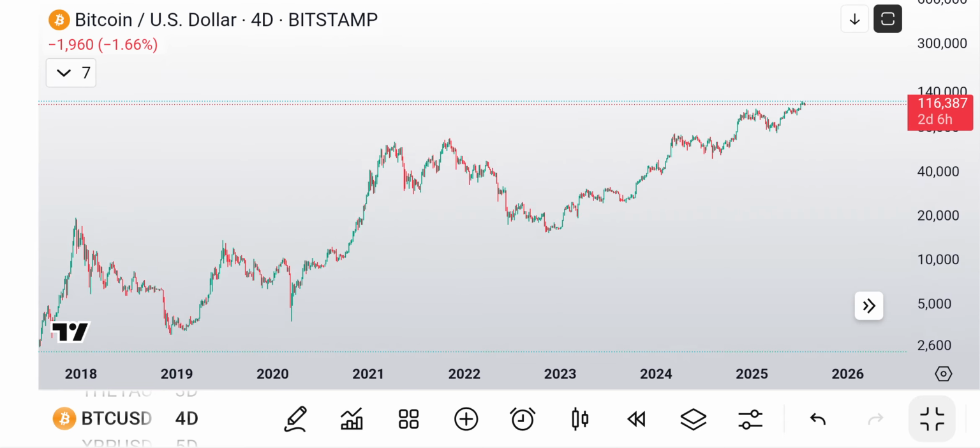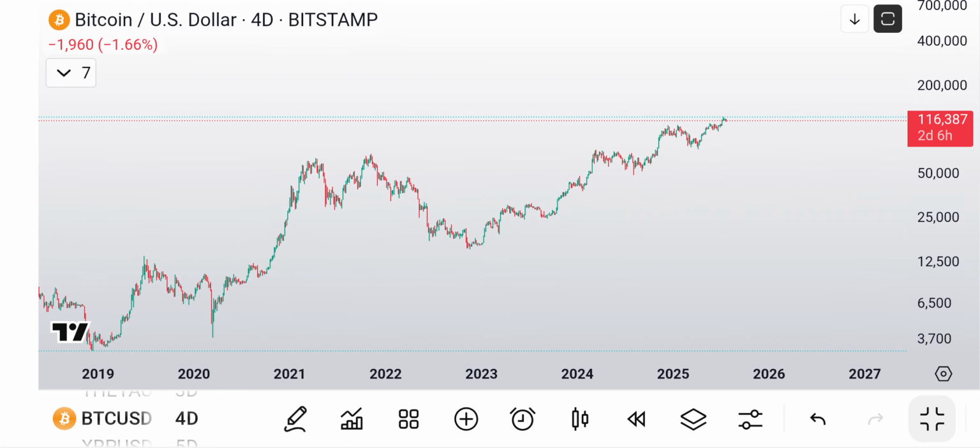So it's probably a good thing. It's definitely a good thing that we go up, we chill out. We go up, we chill out. We go up, we chill out, because that allows it to cool off and for us to go even higher.